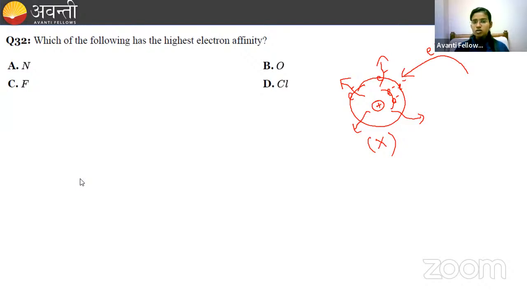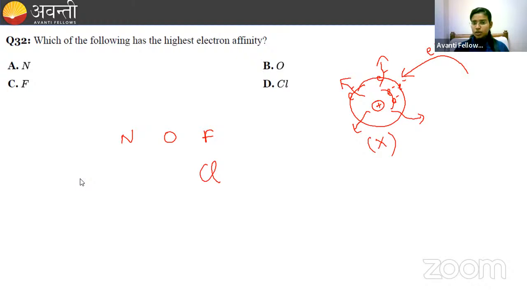So we are given four elements: nitrogen, oxygen, fluorine, and chlorine. Here, chlorine will have the highest electron affinity value.